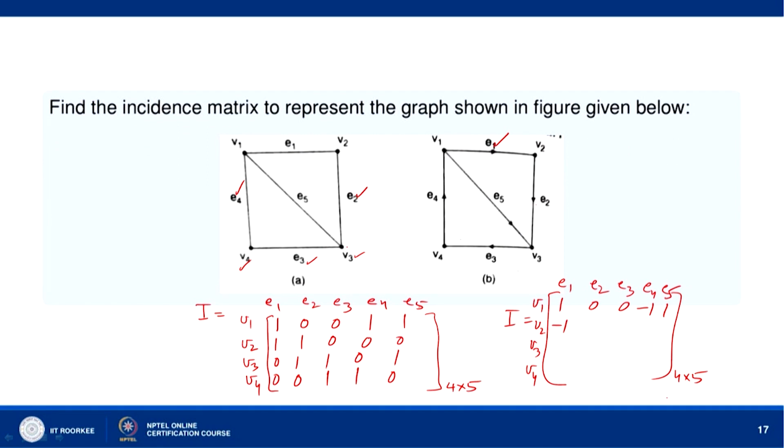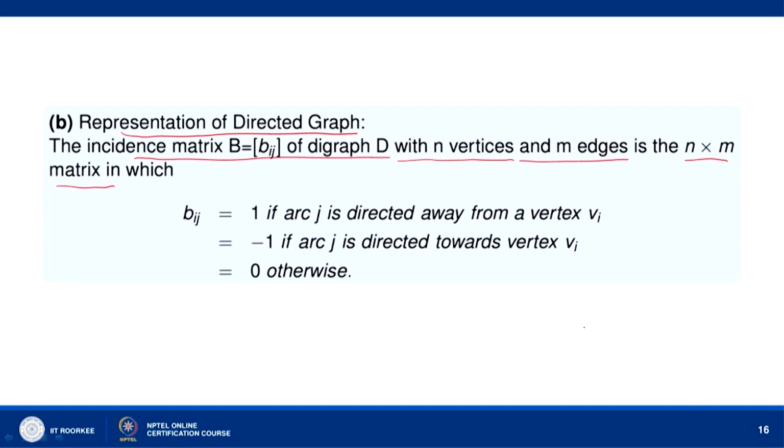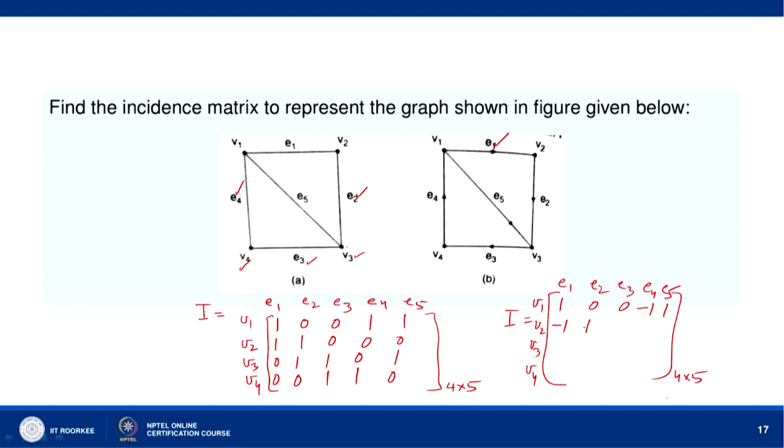E2 is directed away from B2, and away from B2 means plus 1. Then E3 and B2 are unrelated, so we put 0. E4 and B2, again 0.